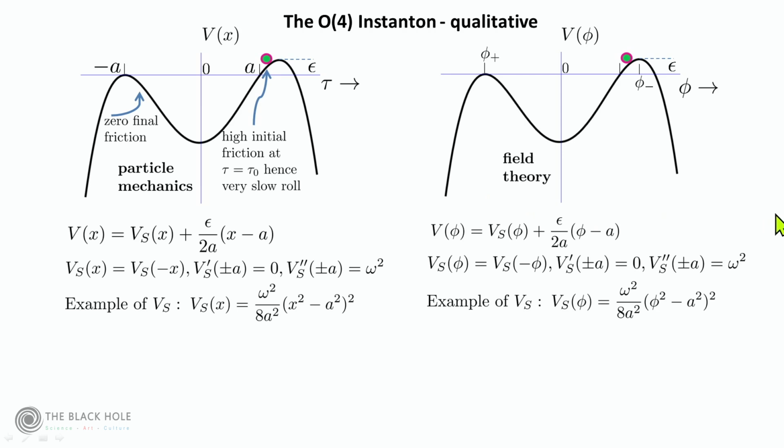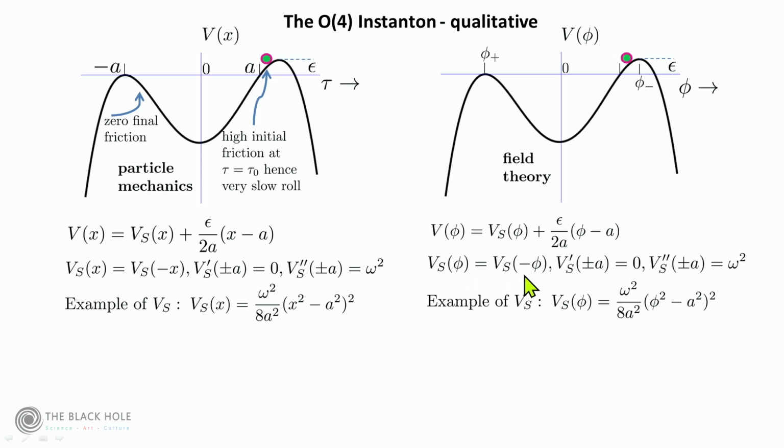What's the difference with field theory? Not very much. Here I've added a potential term. Here I've also added a potential term. Instead of x, I have phi. And this phi is not phi at x, phi over all space. It's the vacuum, so it's over all space.